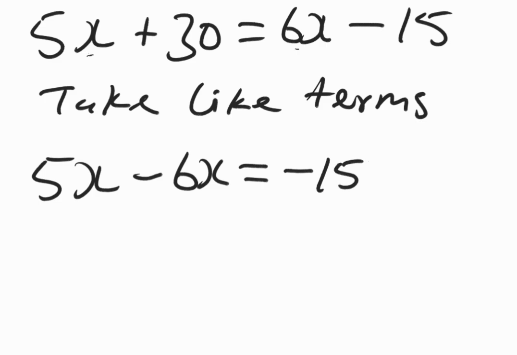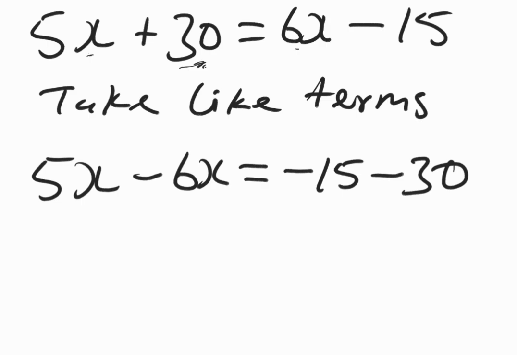When 30, which is a constant, with no letter attached to it, crosses the equality sign, it's going to change its sign. So it's going to be negative, minus 30.